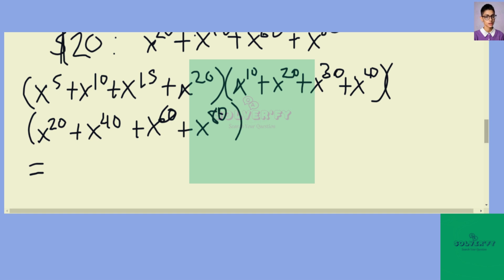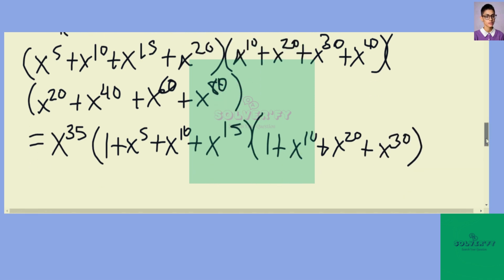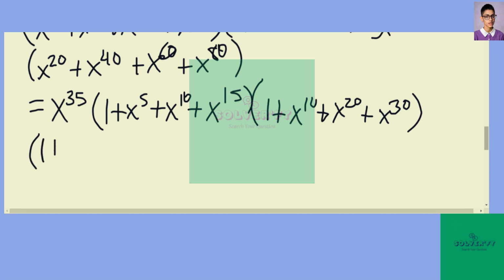So I get x to the 20 plus 10 plus 5, which is x to the 35th, times 1 plus x to the 5th times 1 plus x to the 10th plus x to the 20th plus x to the 30th times 1 plus x to the 20th plus x to the 40th plus x to the 60th.